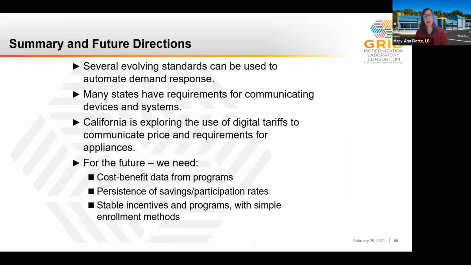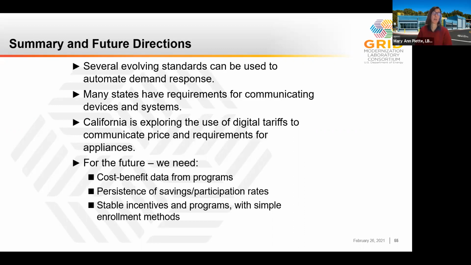This is my final slide, and I want to just remind everybody that there's a lot of work going on in these different standards. And it's an exciting time because we've been working on these concepts for many years now. And the manufacturers and the service providers are starting to understand that this is a very cost-effective technology investment, because the devices themselves are getting much smarter.